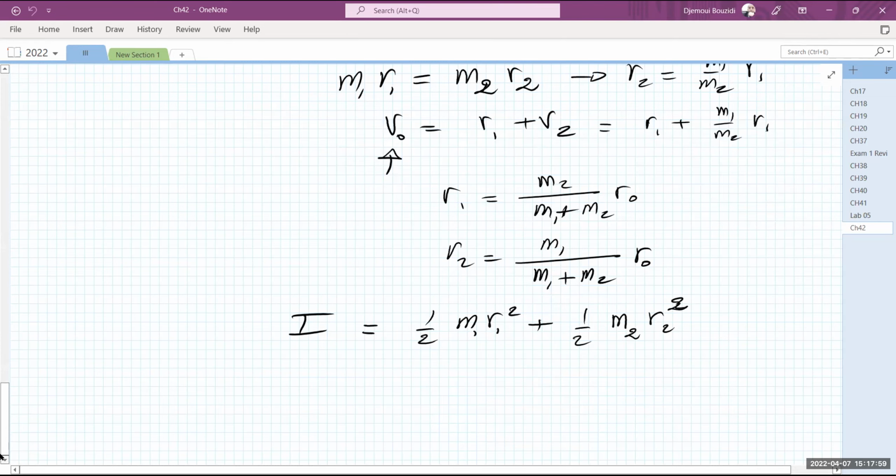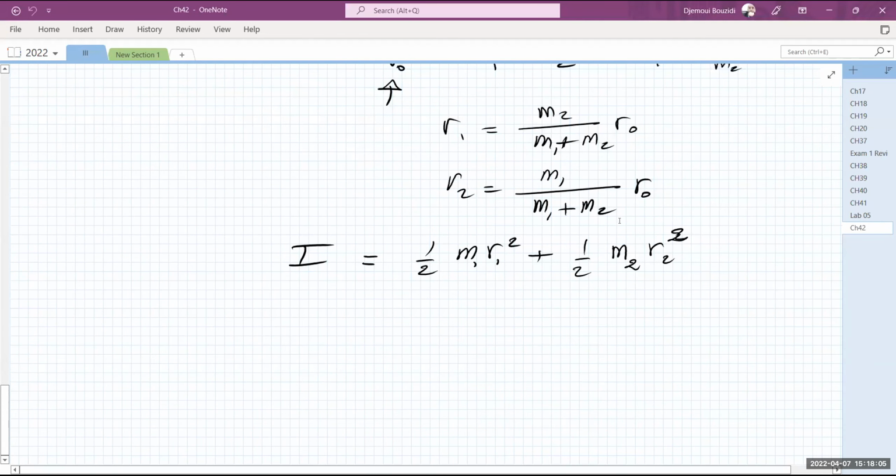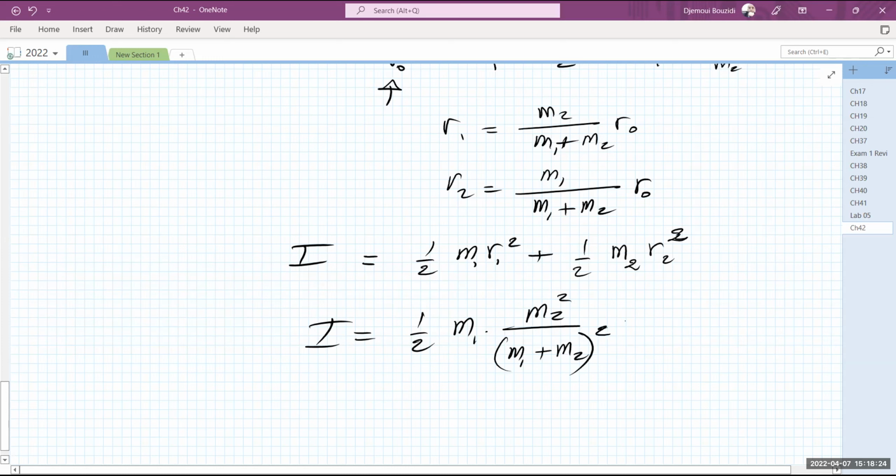1/2 is a common factor, but forget about that for a moment. I'm going to express R1 in terms of R naught, and I'm going to express R2 in terms of R naught from that expression that I just found. So this gives me I equals 1/2 of M1 times this number squared, which is M2 squared divided by (M1 plus M2) squared, plus times R naught squared.